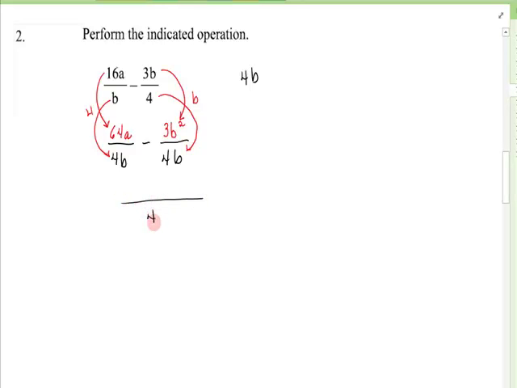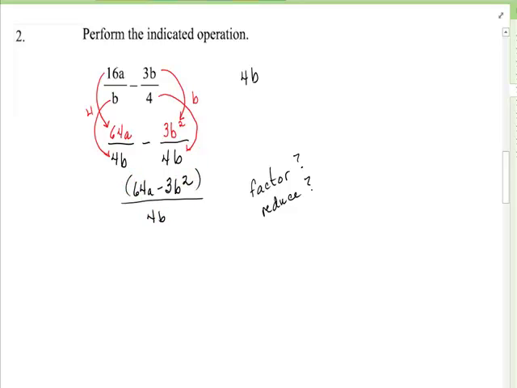All right, I have 4b, and I have 64a minus 3b squared. I can't really add or subtract anything up there because they're not like terms. So when you get to this point, you always say, can I factor? Can I reduce? I can't factor this.